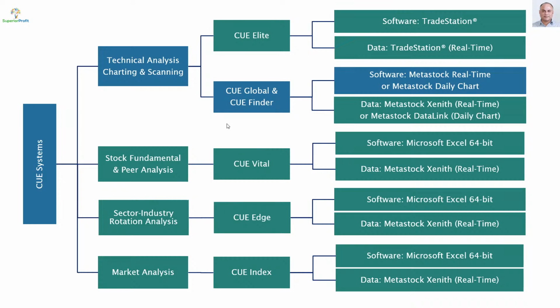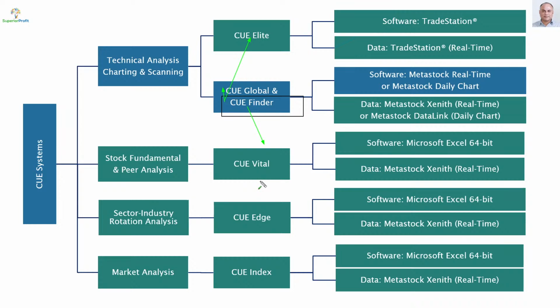If you are carrying out a bottom-up analysis, then you may start with Q Finder. That is, look for Q buying signals. Once you find them, you may look up the charts using Q Global or Q Elite. Alternately, before opening the charts from Q Finder, you could go to Q Vital to check its fundamental strength.